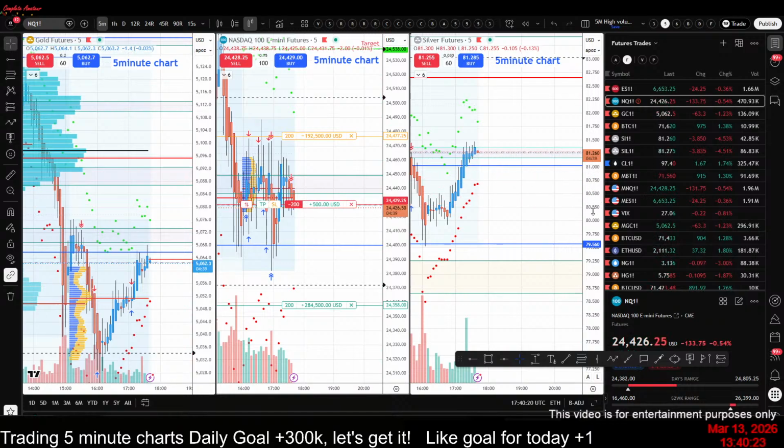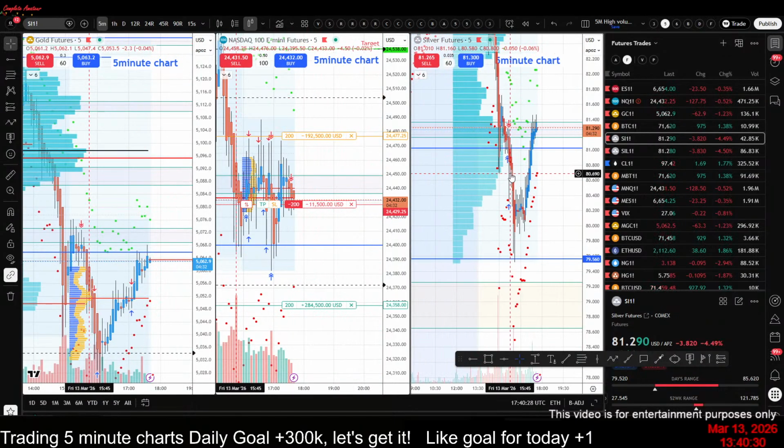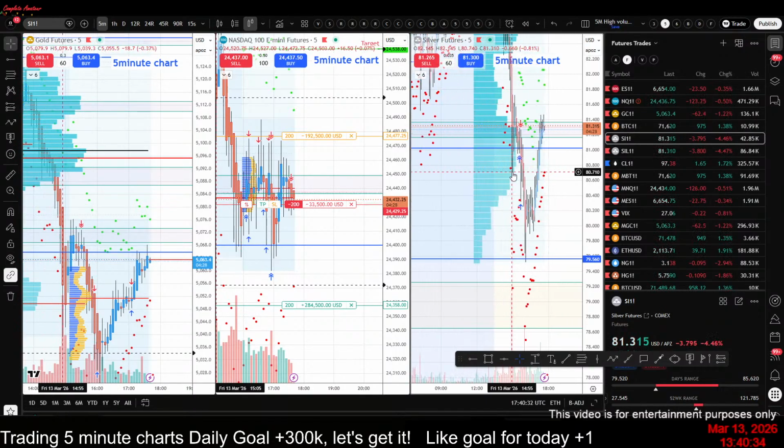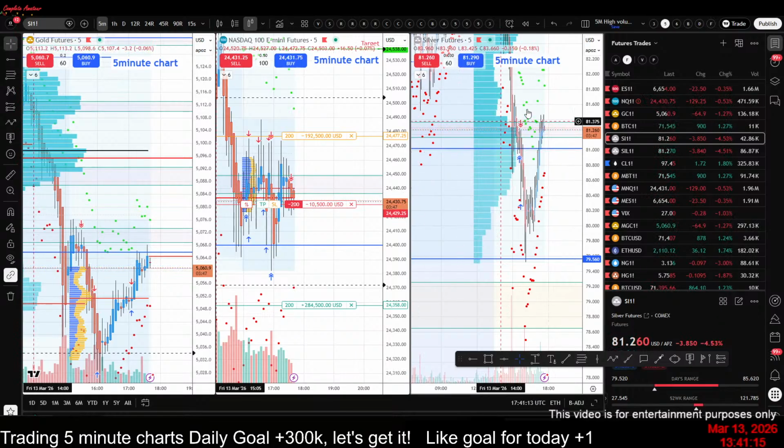Into a potential sell zone on silver. We're down 0.5% and this market is not selling. I guess all is well in the world.